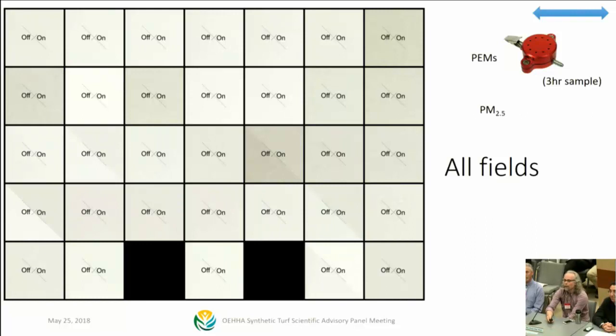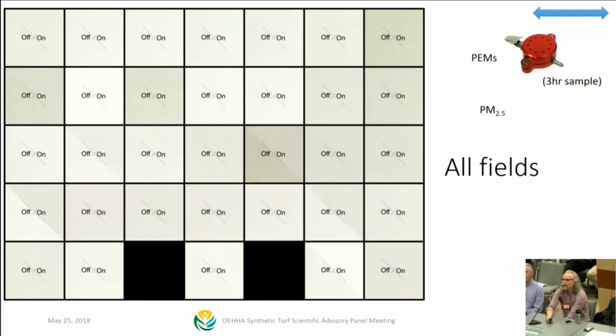Again, Randy showed you the same grid picture earlier for the off-field. Now this is overlaying the on-field and off-field samples on the same plot. And again, these are color graded. We can quantify the numbers here, but we also know what the masses of these filters are.